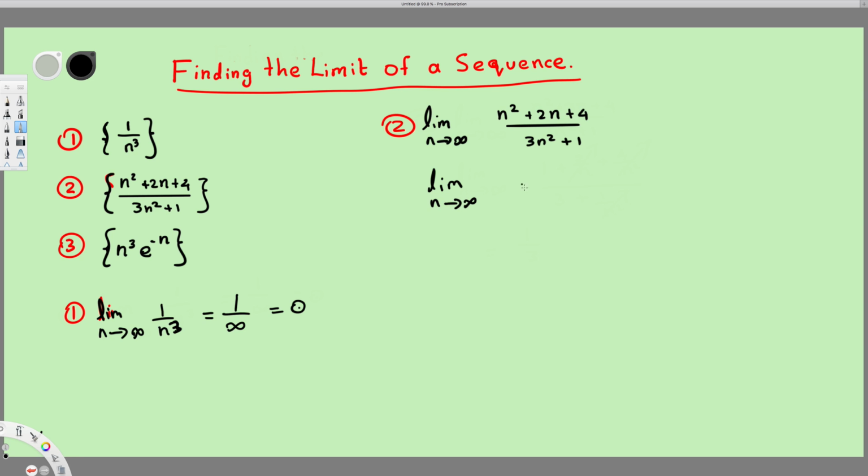n squared divided by n squared is 1. 2n over n squared is 2 over n. And 4 over n squared is just 4 over n squared. Over 3n squared over n squared, which is just 3, plus 1 over n squared. Then if we substitute infinity for these n values, those terms become 0, because we are dividing a number by a very big number.